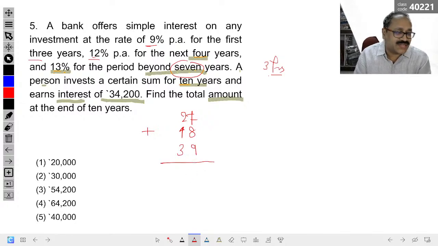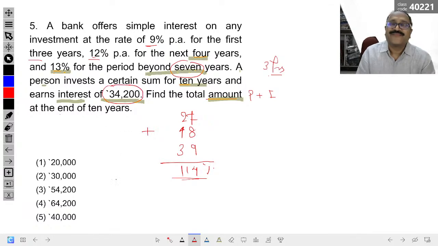Aman, answer the question. You are asked to find out the total amount at the end of the year. The amount means principal plus interest. Now look at this one. That is, total is 114%, and this 114% is 34,200.